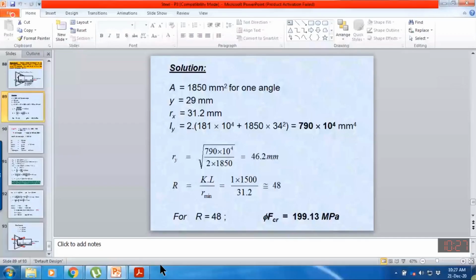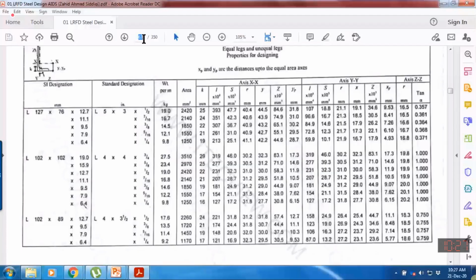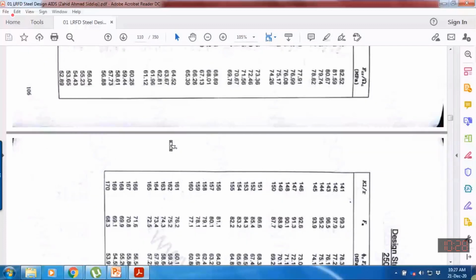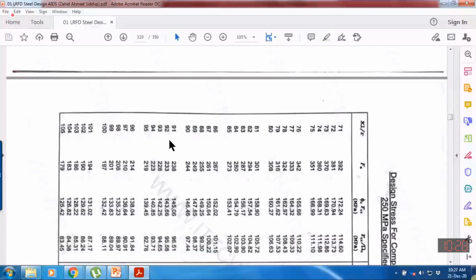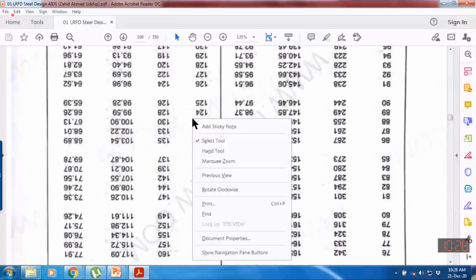So corresponding to 48, we need to check what is the critical stress at which the column may buckle. So that value is 199.12 for fy 250 and 830/60. So corresponding to slenderness ratio 48, phi C FCR value is 199.13. So that we have fixed.